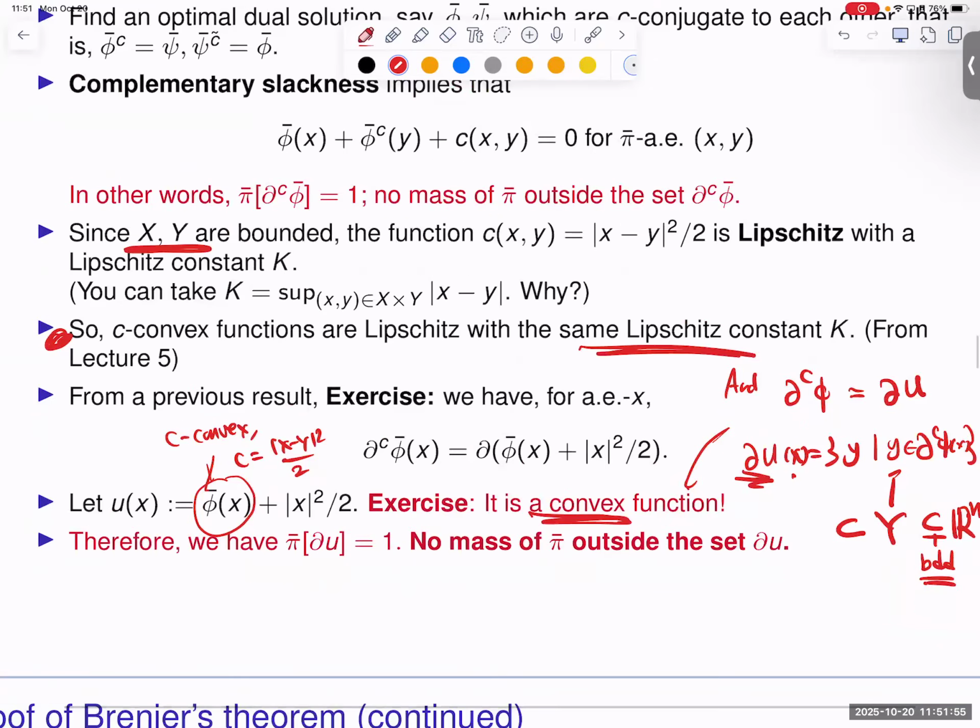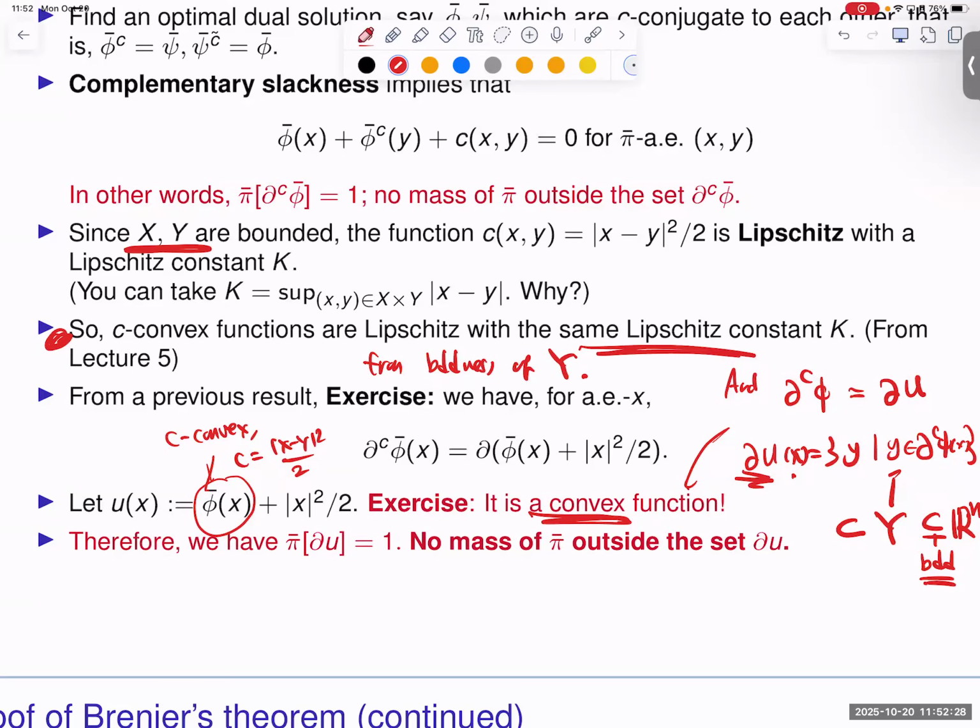So this Lipschitzness comes especially from the boundedness of Y. So you have a Lipschitz function. Now your optimal transport plan pi bar is supported on the subdifferential of the convex function u, but the convex function u has supporting hyperplanes whose slopes are all uniformly bounded.